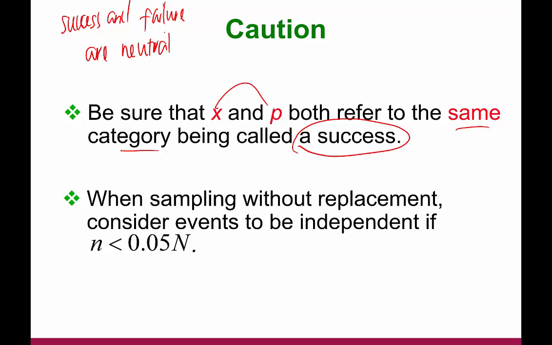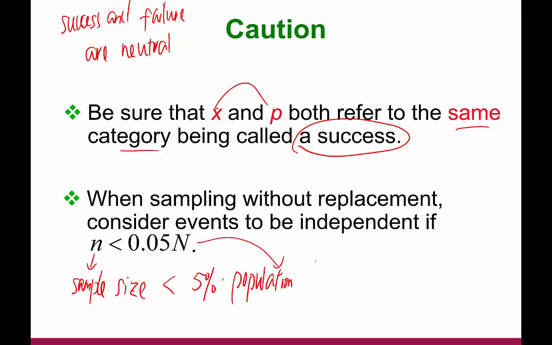In sampling without replacement, consider events to be independent if the sample size n is less than 5% of the population size. Capital letter N will represent the population size.